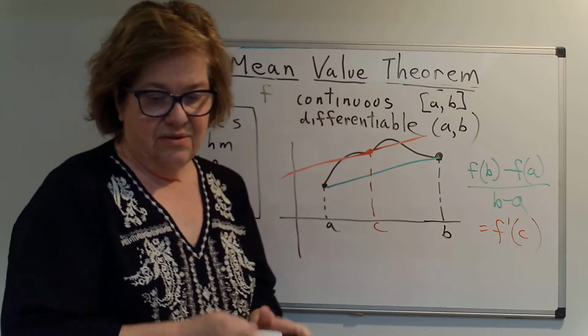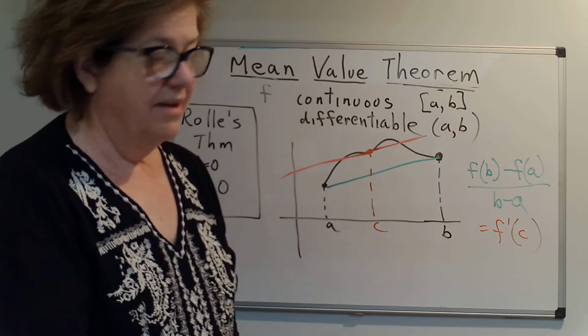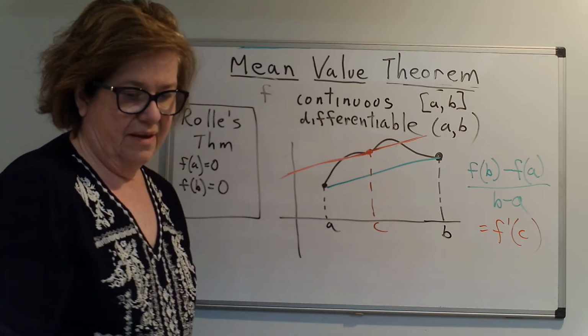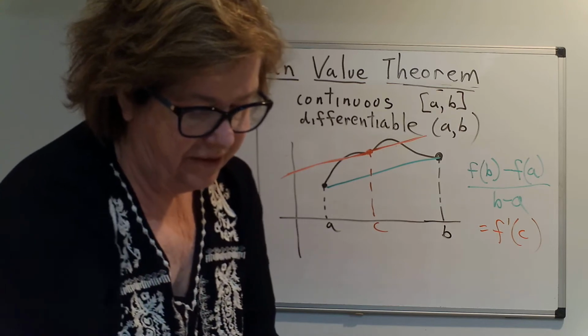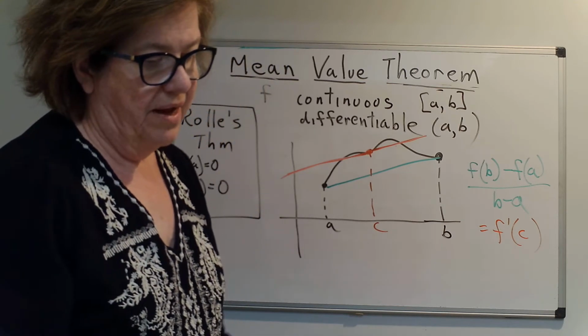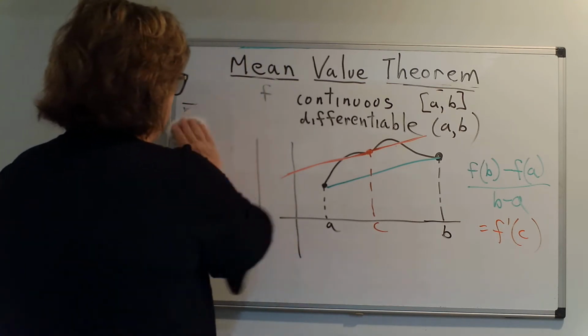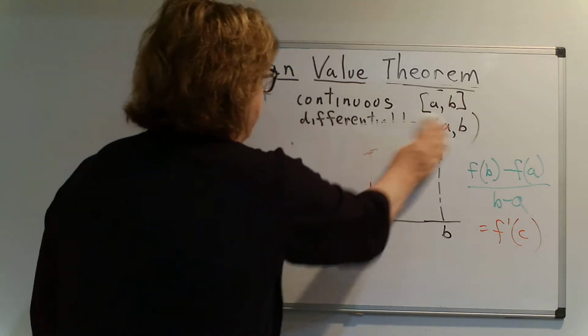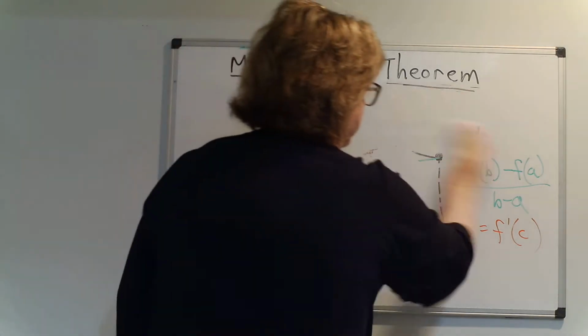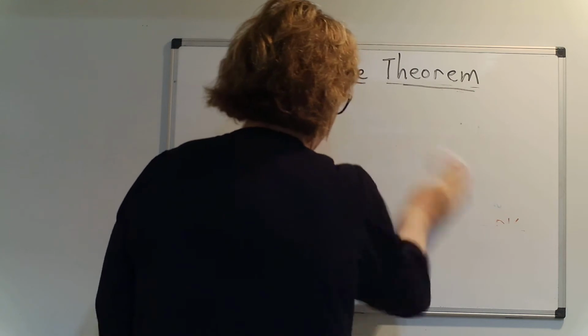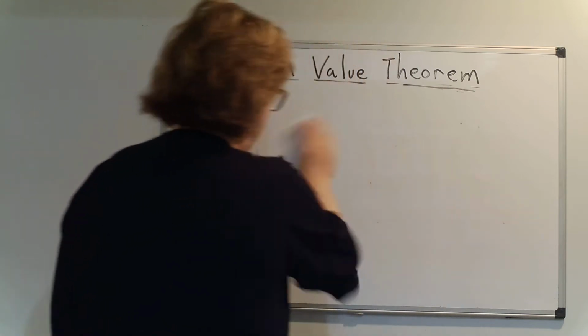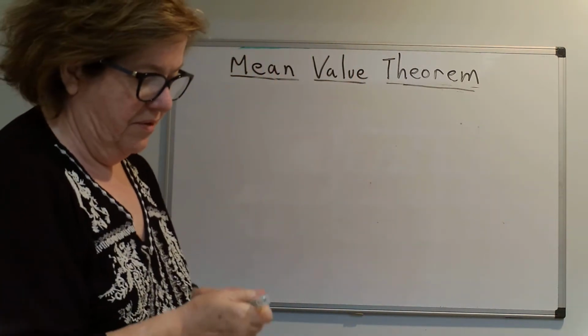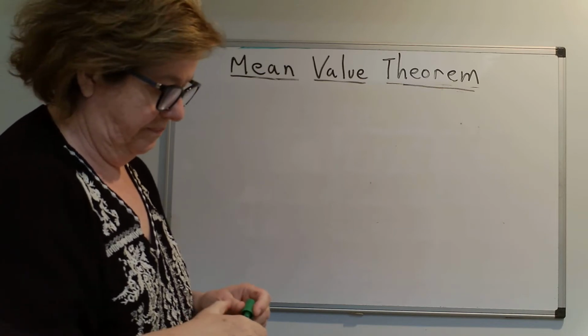Okay, so let's look at how we might apply the mean value theorem. Specifically, the classic way to apply the mean value theorem would be problem 14 from 3.2. From chapter 3.2, number 14.